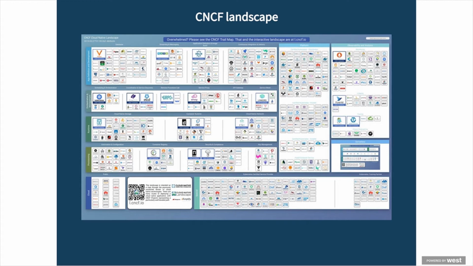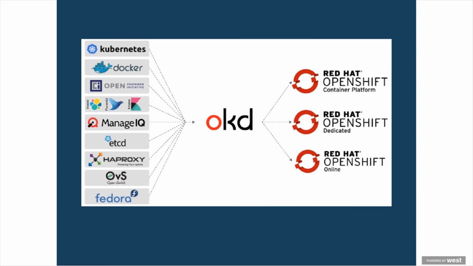And Red Hat has been a major player in this landscape, and we've been doing a lot of work to help provide a supported base that you can work from within this large CNCF and cloud native ecosystem. So what Red Hat does is we provide a distribution known as OpenShift.